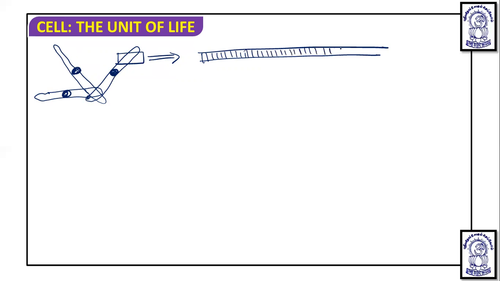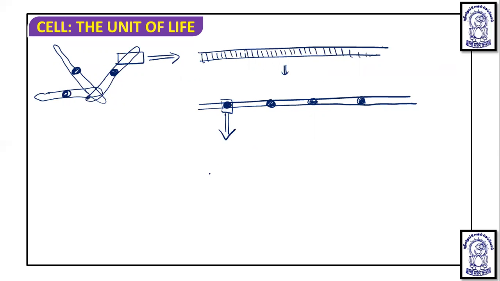And if we draw it in detail, you will see that at certain points condensed structures are found. If we draw the diagram of this condensed structure in more detail, it is going to look like this.